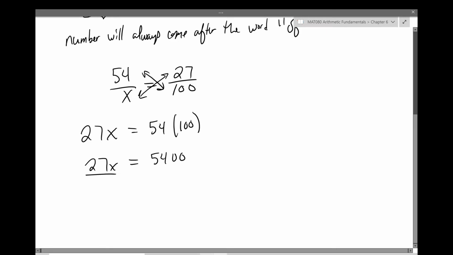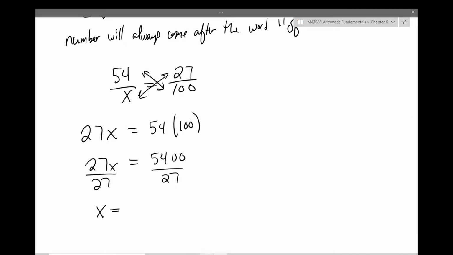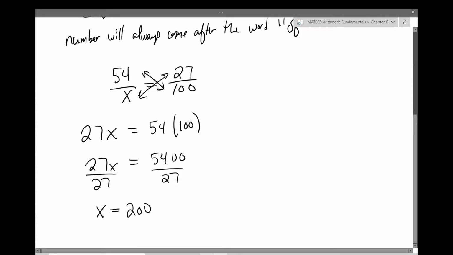And I will divide both sides by 27 to give me x equals, well, let's see here, 5,400 divided by 27 is 200. So I'm going to rewrite that statement. So 27% of 200 is 54. Okay?